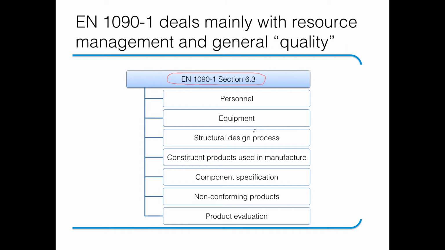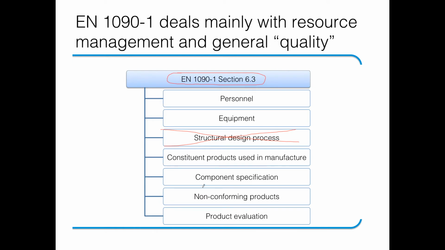Then there are some requirements for the structural design process if you do structural design. And naturally, if you don't do any structural design, you can just skip this part. But if you do, you must consider it. Then there are some requirements for the constituent products that are used in the manufacture of structural steel products. Basically, this part just references another standard where there is a list of all the possible constituent products that can be used.